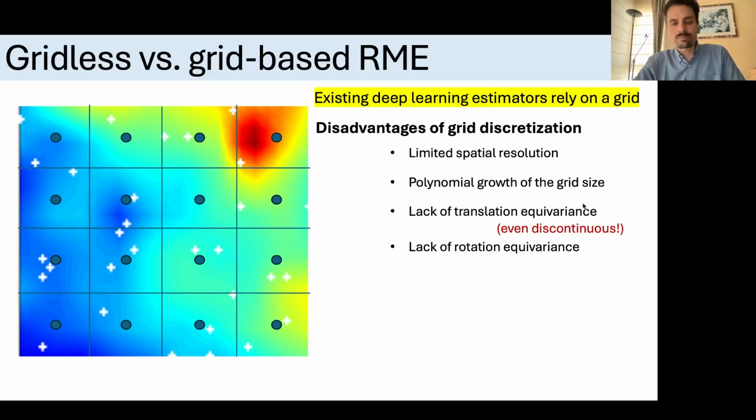That makes little sense in many problems, for instance, in radio map estimation, where Maxwell equations suggest that estimates should be invariant to translations and rotations.